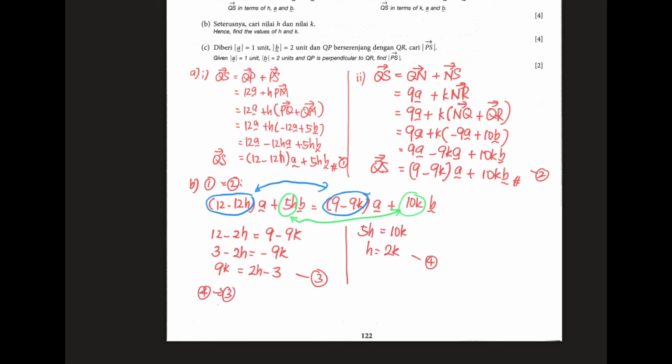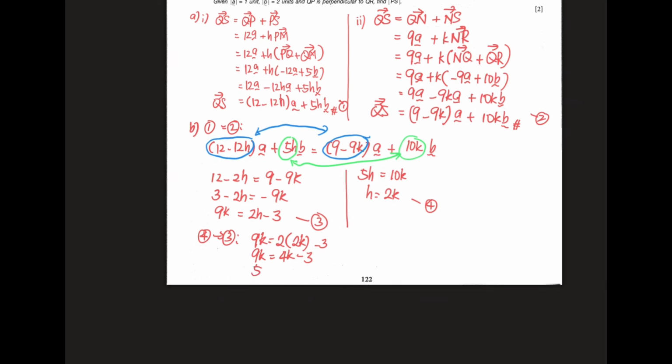So I substitute 4 into 3, so I get 9k equal to 2k minus 3. 9k equal to 4k minus 3, and then 5k equal to -3, k equal to -3 over 5.